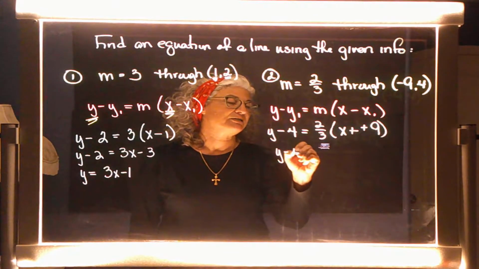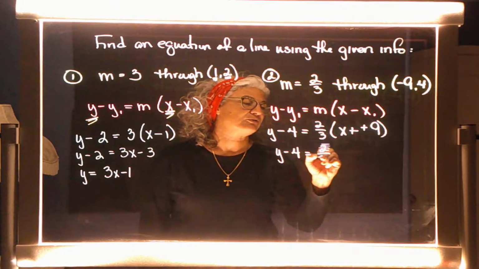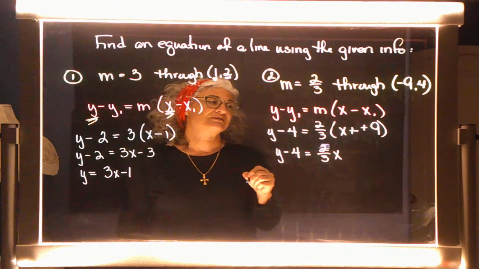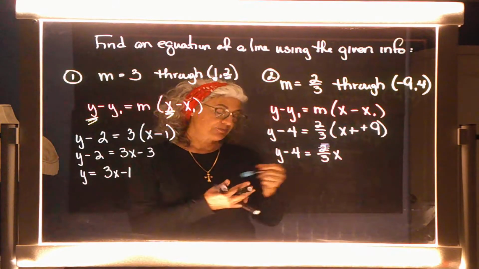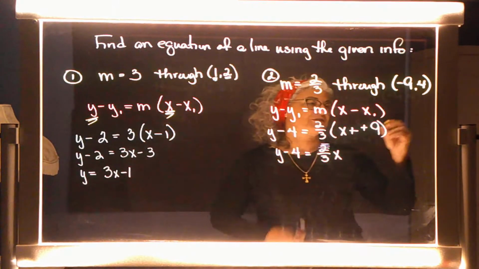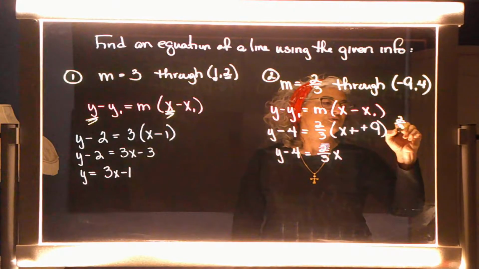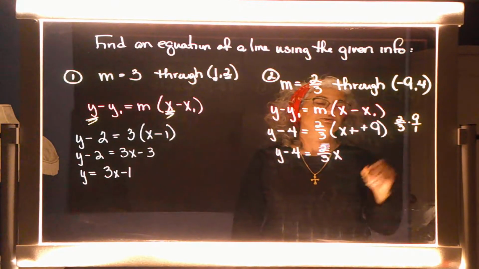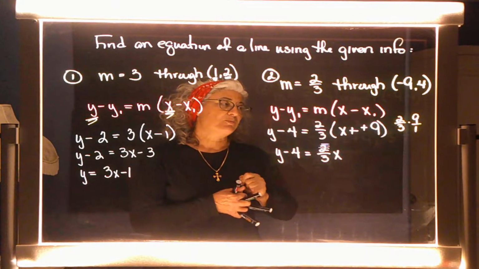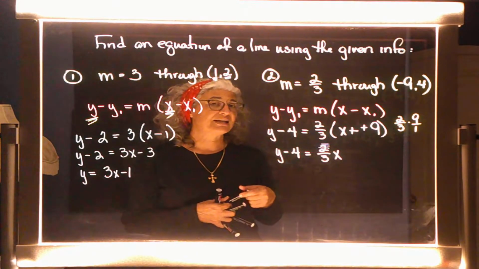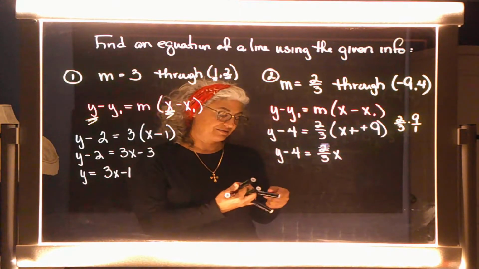So I have y minus 4 equals 2/3 x. Yeah, you have to do 2/3 times 9. So some of you may want to do the work off to the side. So you have 2/3 times 9 over 1, right? And there's a couple of different ways that you can figure that out. But one way or another, you're going to get 6.